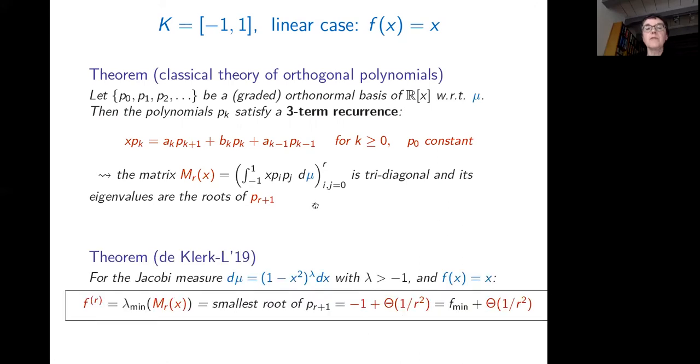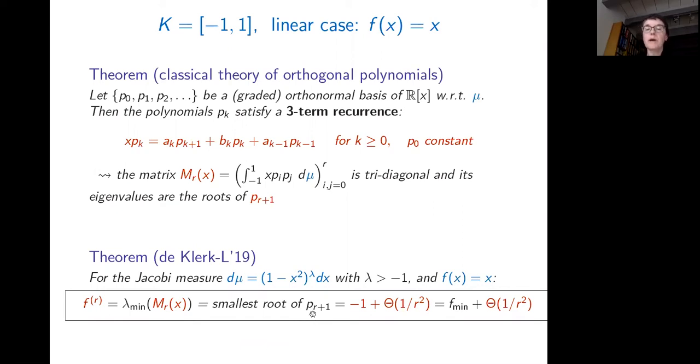If we put things together, we obtain that if you pick, for instance, the Jacobi measure and f(x) = x, then the bound f_r, which is the smallest eigenvalue of the moment matrix, is equal to the smallest root of the orthogonal polynomial of degree r+1. The roots of these orthogonal Jacobi polynomials are very well understood.